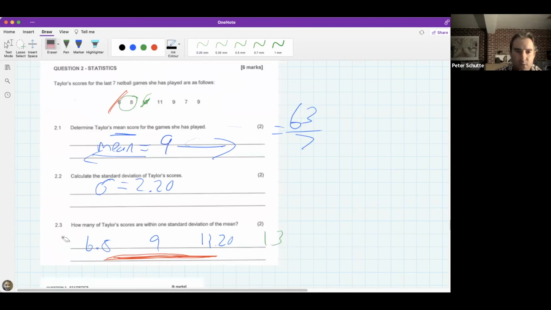How many are within the range of 1 standard deviation? Is 11 in the range? It is. Is 9? Yes. Is 7? Yes. Is 9? Yes. So how many are within 1 standard deviation? There are 5 out of the 7, or just 5 are within 1, 5 items.